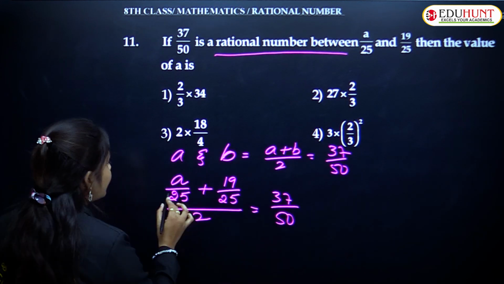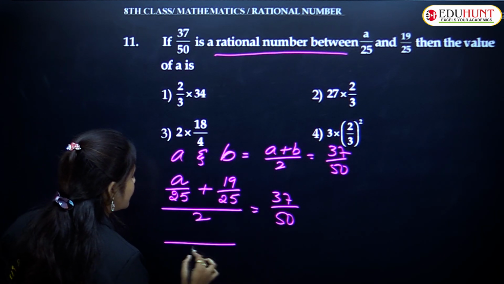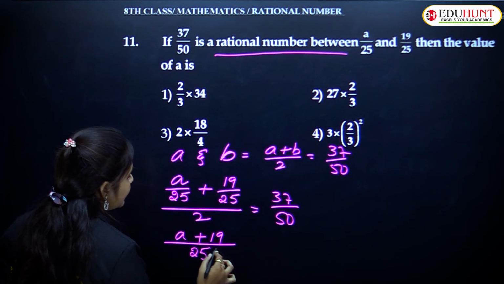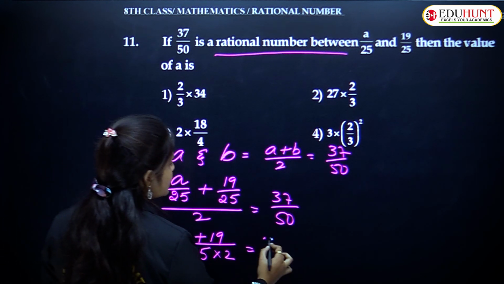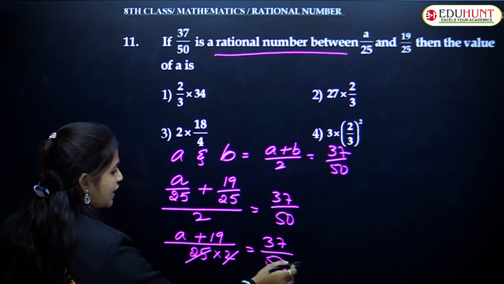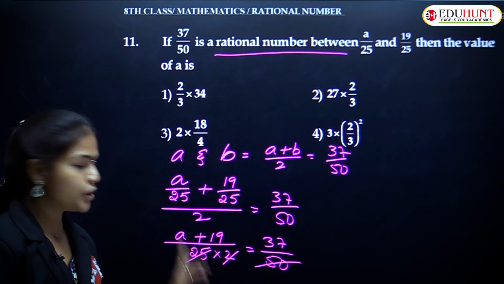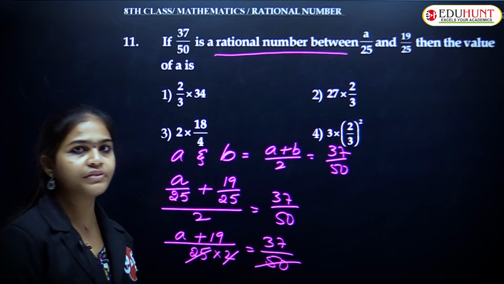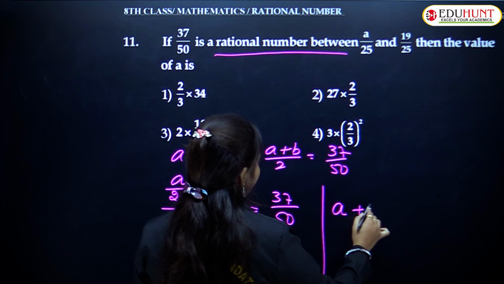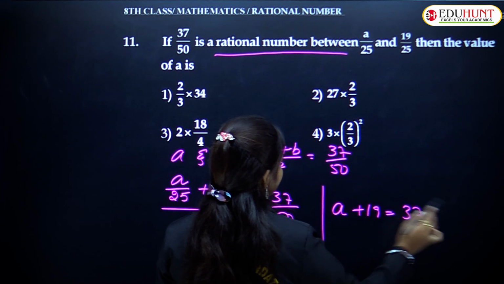Understand? So here these two also have the same denominator. So the same denominator we have to write, 25. So (A plus 19) by 25 into 2, which is equal to 37 by 50. So 25 into 2 is 50, and here 50 and 50 get cancelled. Okay. So from this one, A plus 19 is equal to 37.